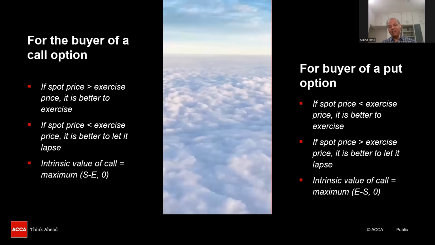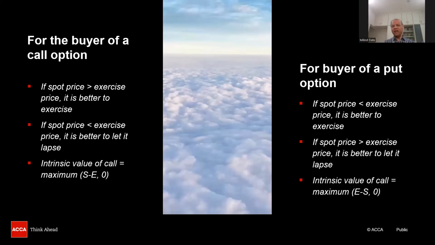And the risk-free rate of return, which is generally used as a discount rate to calculate the present value of the exercise price, which is payable in future, right? So a total of 5 variables affect the value of the option, both call as well as put, in one way or the other: spot price, exercise price, time, volatility of the price of the underlying, and risk-free rate of return.